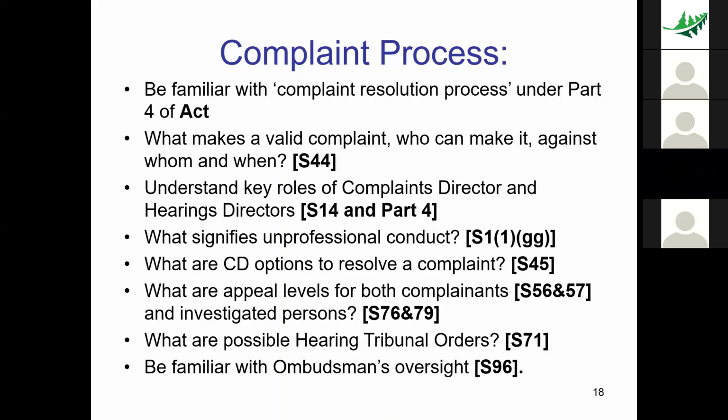But there are certain appeal levels if that complaint is dismissed. And likewise, if a hearing tribunal is called and an investigated person is found guilty of unprofessional conduct, they have appeal levels too. You should be aware of Section 76 and 79 about going to the governing council for the first level of appeal and the Court of Appeals for a second level of appeal.